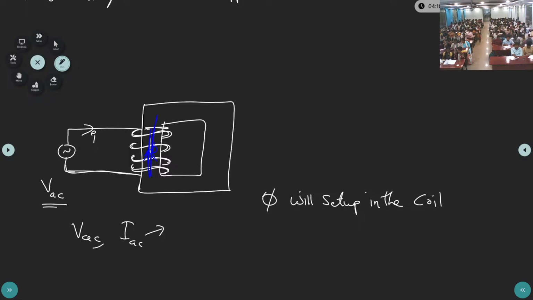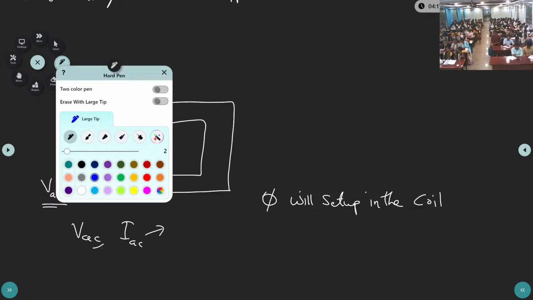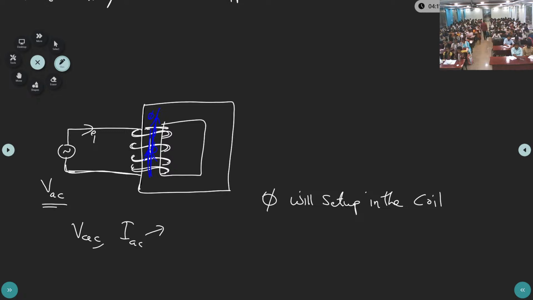This flux is also AC flux. Whenever we apply AC voltage, AC current flows, and because of the winding, an AC flux is set up in the transformer.